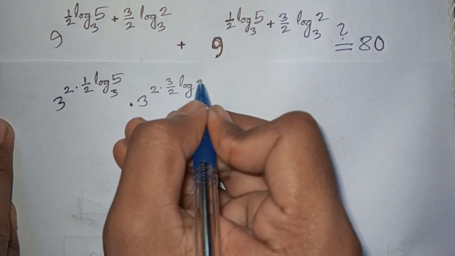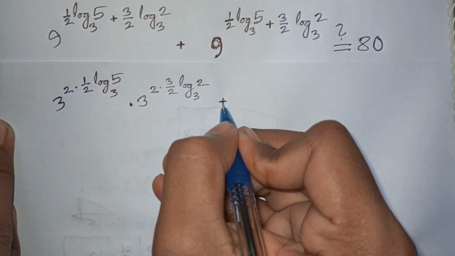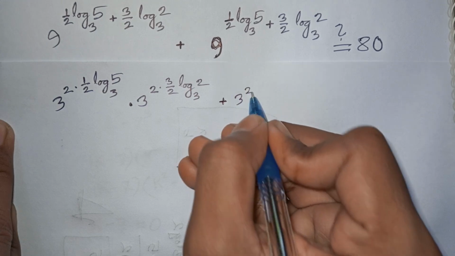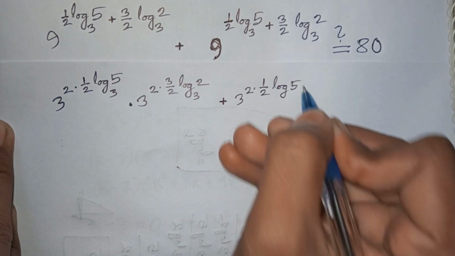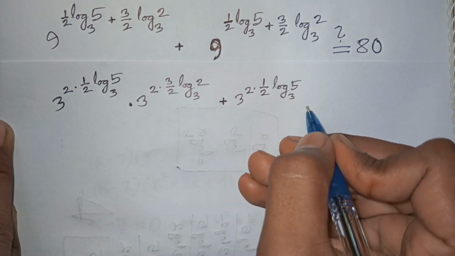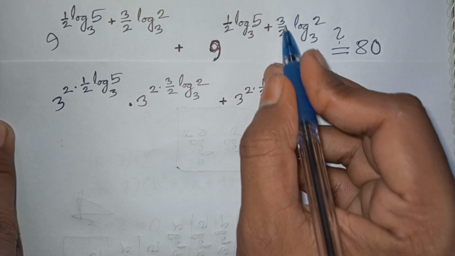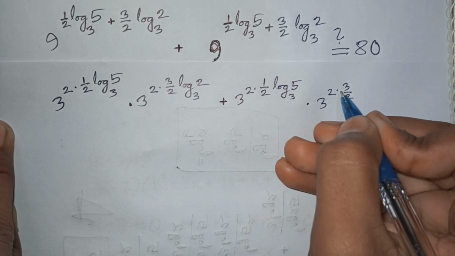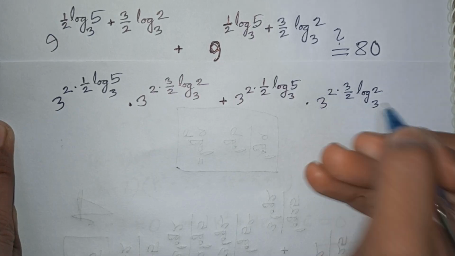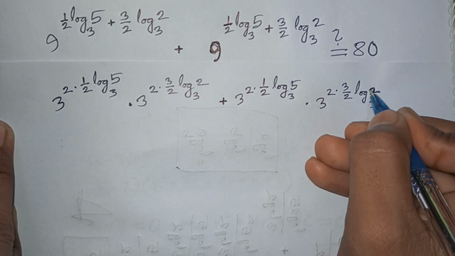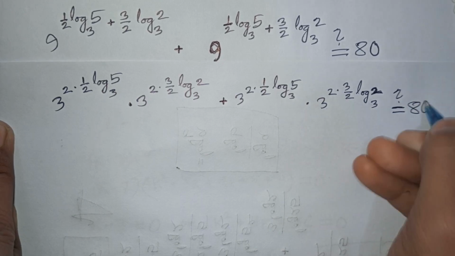2 log 2 base 3 plus 9 is same as 3 power 2, then multiply by power of 1 over 2 log 5 base 3, then times 9 is same as 3 power 2, then multiply by power of 3 over 2 log 2 base 3, is it equal to 80?